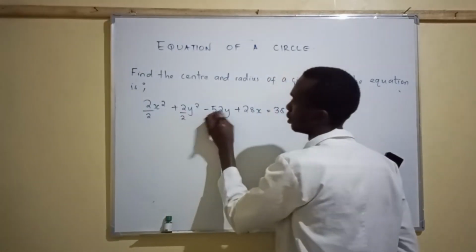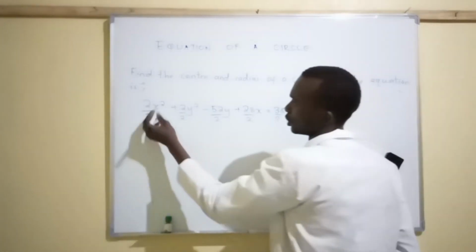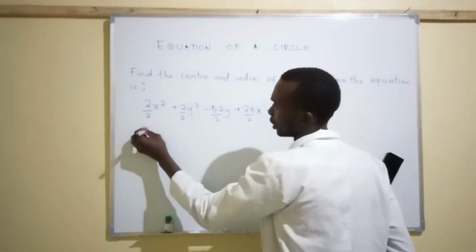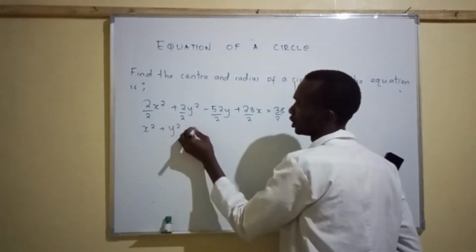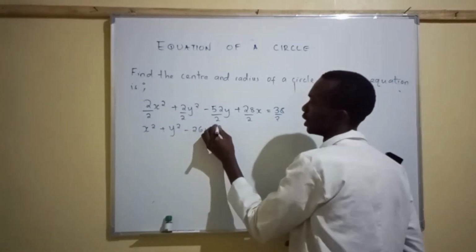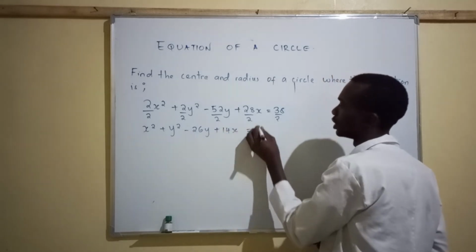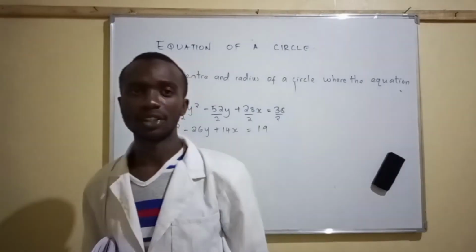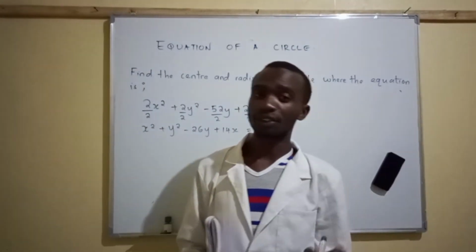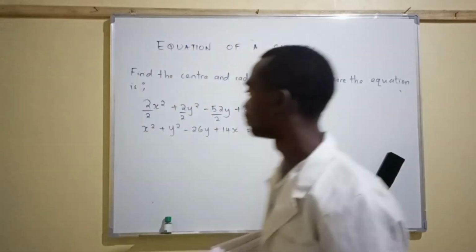So the equation becomes x² + y² - 26y + 14x = 19. Now that's the first procedure. Make sure that the coefficients of x² and y² are always 1 each.